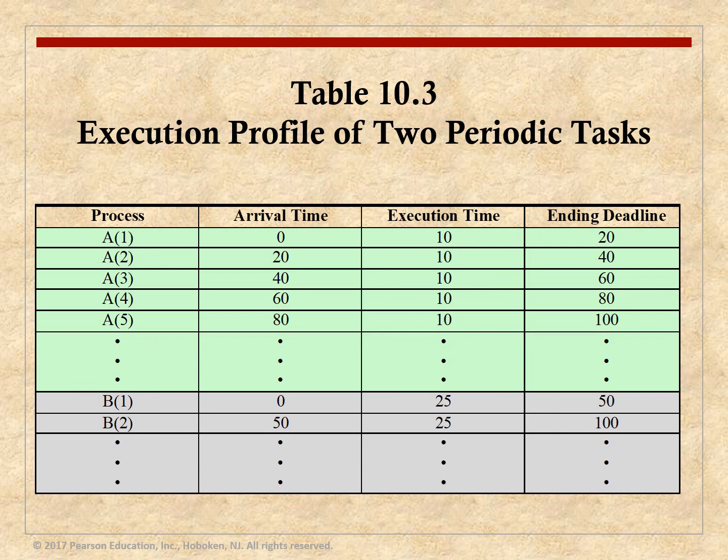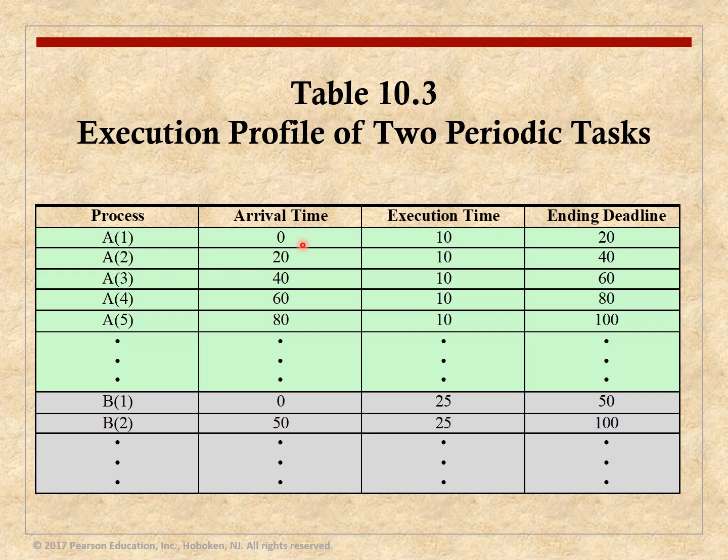The slide shows us the execution profile of 2 periodic tasks. We have task A and task B. Task A has been divided into processes 1, 2, 3, 4, 5, and also B. Because it's periodic, we can predict the arrival time.